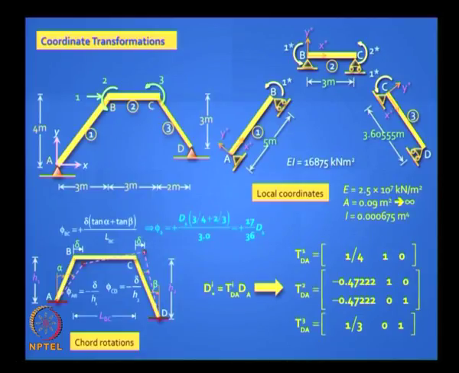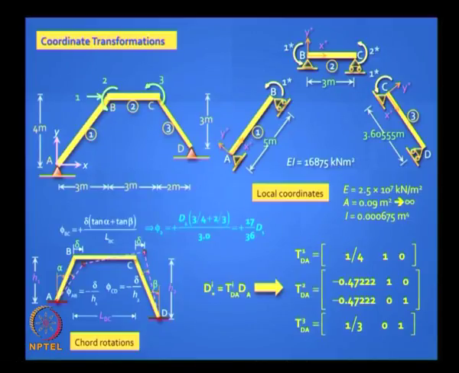If you apply D1 equal to 1, then for the first element the chord rotation is 1 by 4. It is a clockwise chord rotation, so you get equivalent anti-clockwise end rotations, and it will be plus 1 by 4 because anti-clockwise is assumed to be positive in the sign convention.